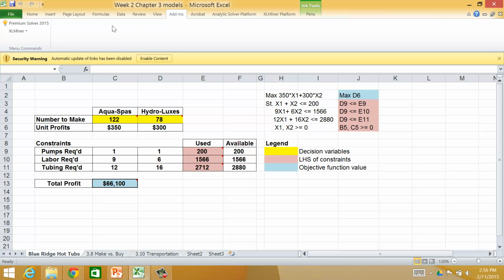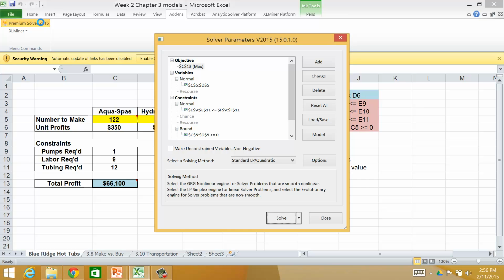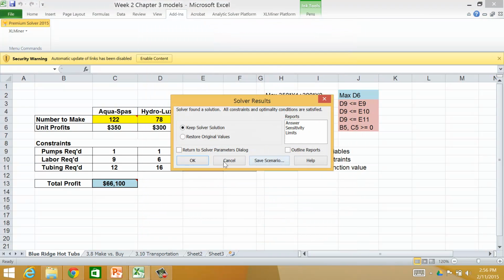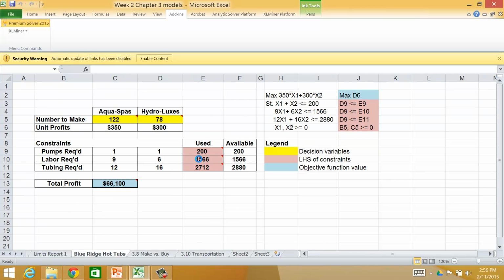So you probably have noticed that when you go to solve the problem, you read this message and say, oh, click OK. And on the right hand side, there are some reports that you can look at. You just click on all of them. Click OK. Then you will see all of the reports got generated for this model.